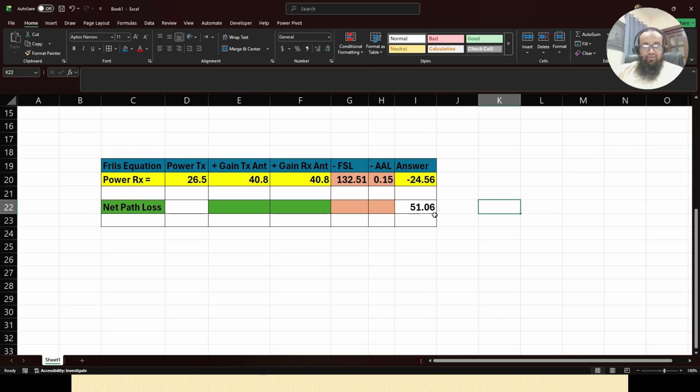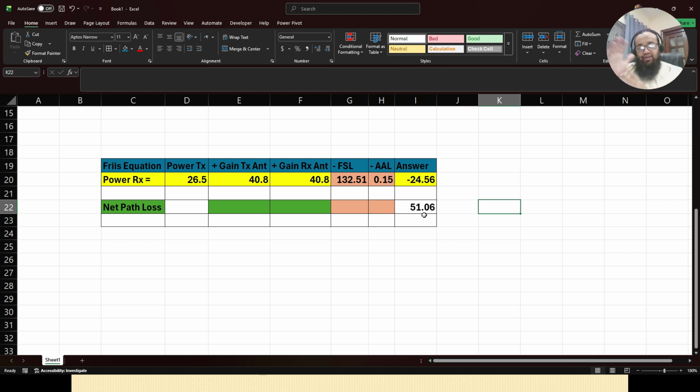It is the path loss of 132.51 plus 0.15, which is almost 132.66. You remove the two gains, 40.8 and 40.8, and you get 51. 51 is the net path loss.